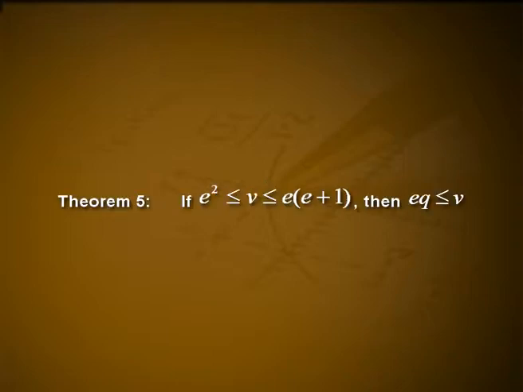Theorem 5. If E² ≤ V ≤ E(E+1), then EQ ≤ V. Proof. The result is trivial when V = E(E+1).